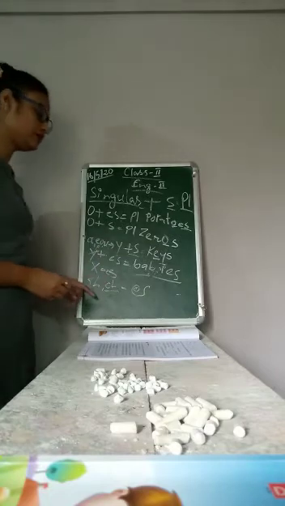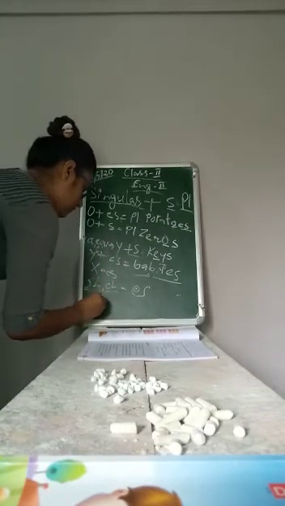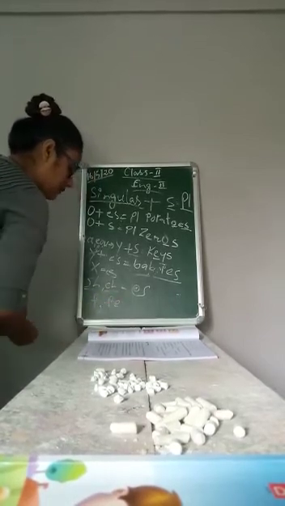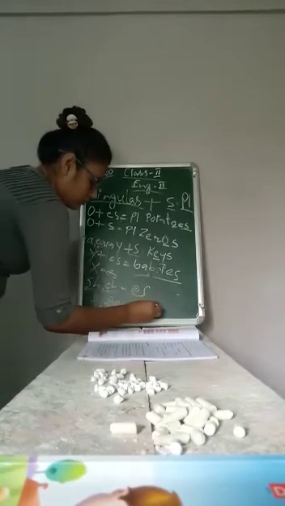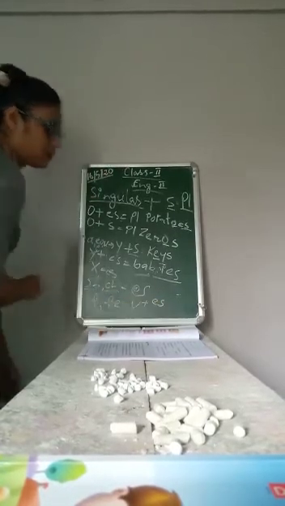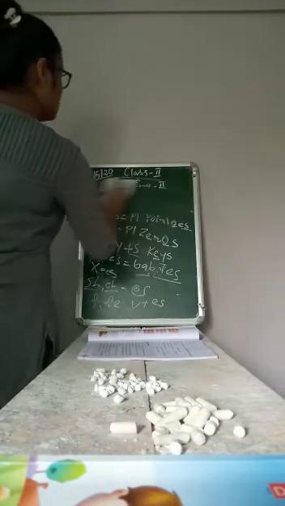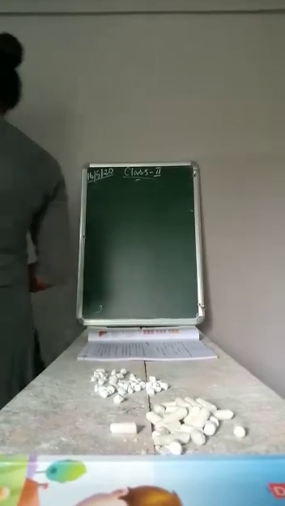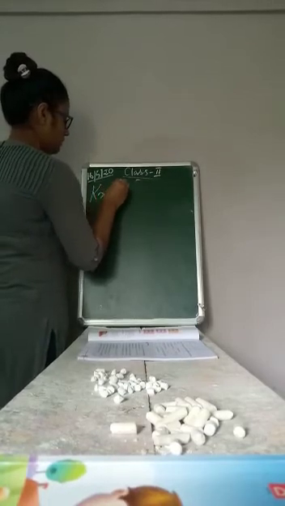And then we have learned what? If the word ends with f or fe, then what happens? These two become v, and with that we add es and it becomes plural. For example, knife, K-N-I-F-E.